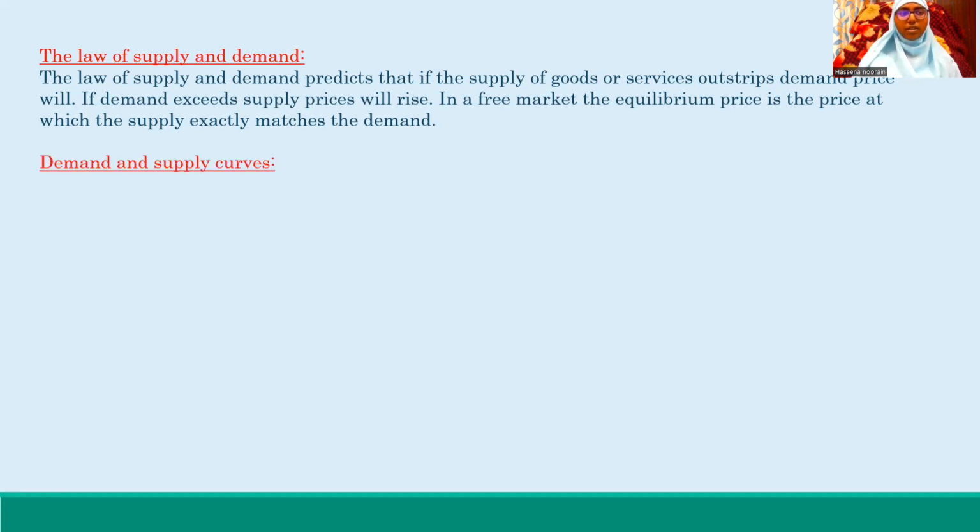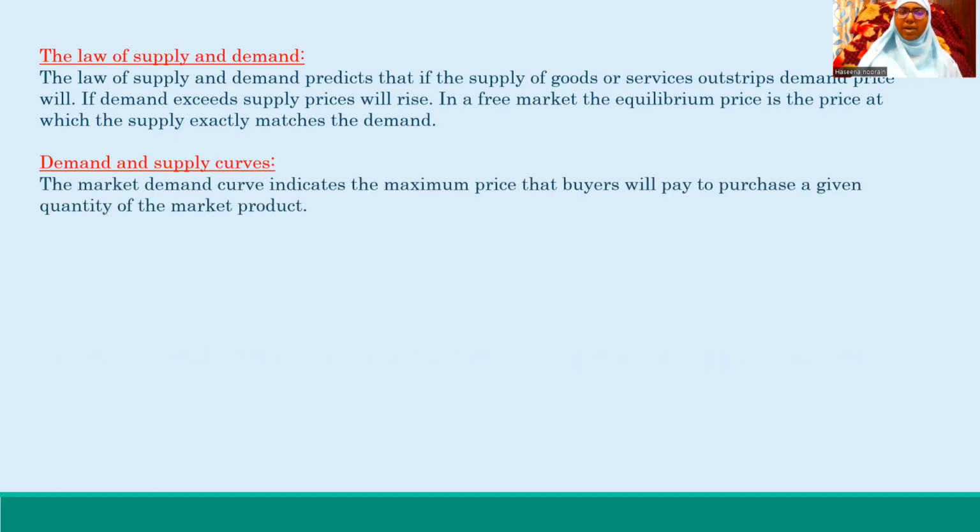Now let us study the demand and supply curve. The market demand curve indicates the maximum price a buyer is willing to pay for a particular product, and it also includes the quantity and the value of the product in the market.